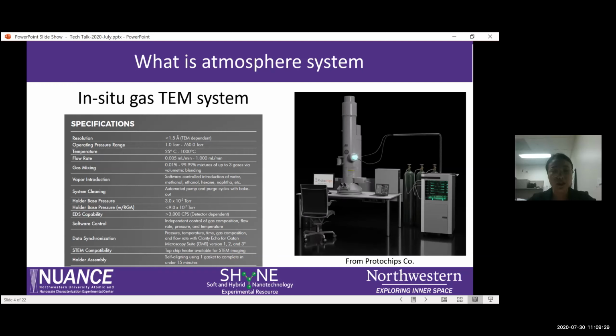So for safety concerns, we keep the pressure at about 1 atmosphere. Compared to an environmental microscope, this is a relatively high pressure in a microscope. The sample temperature can go from room temperature to 1000 degrees Celsius at a maximum of 10 degrees Celsius per second, which is a very fast heating rate.